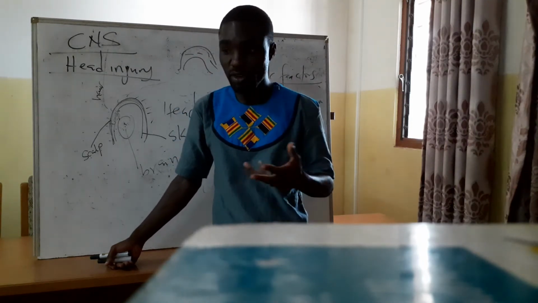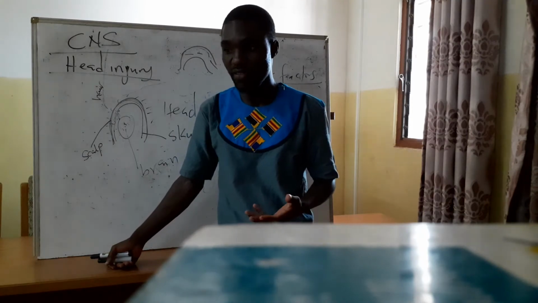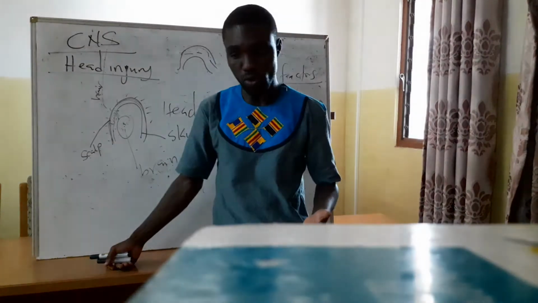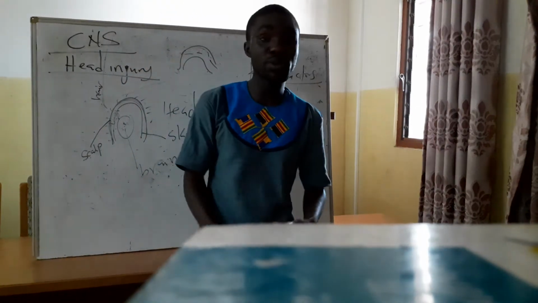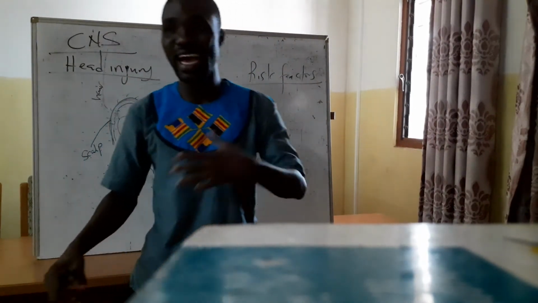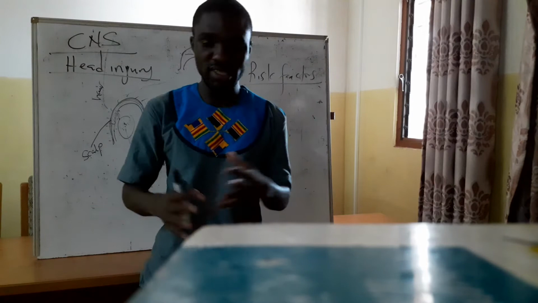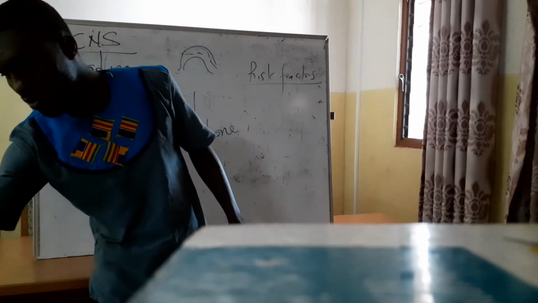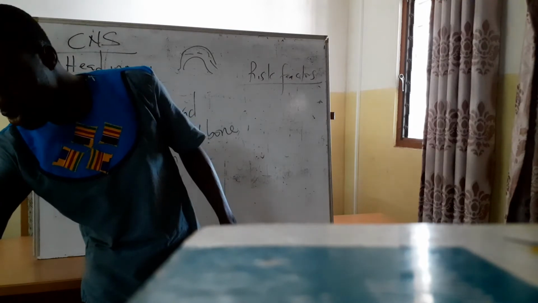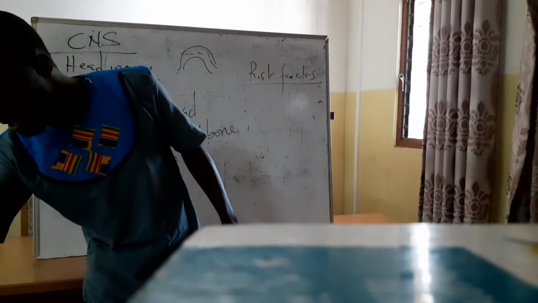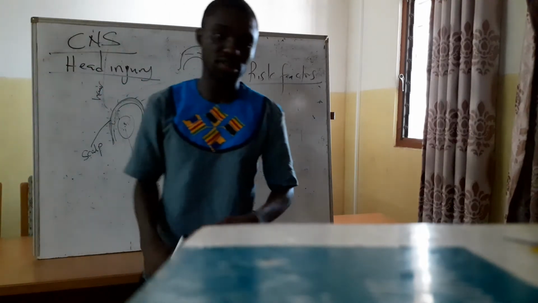And then people above the age of 65, 75, because they are at risk of falls, right? So they can also sustain head injury. And then people who take in alcohol and other drugs, because it can alter the consciousness level, it can also result in head injury, right? And then apart from that, assault, right?